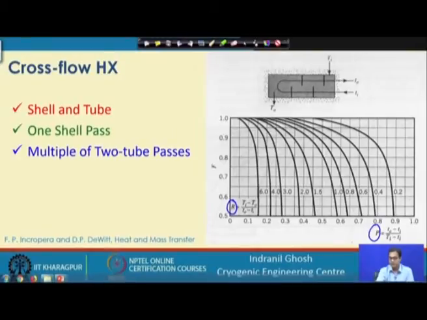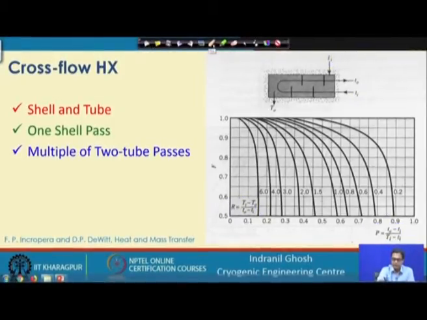Here this is T inlet minus T exit, and this is the tube side, that is t_o minus t_i, this is one ratio. The other ratio is t_o minus t_i divided by the maximum temperature difference, that is capital T_i minus small t_i. This graph has been taken from Incropera and DeWitt's heat and mass transfer book.